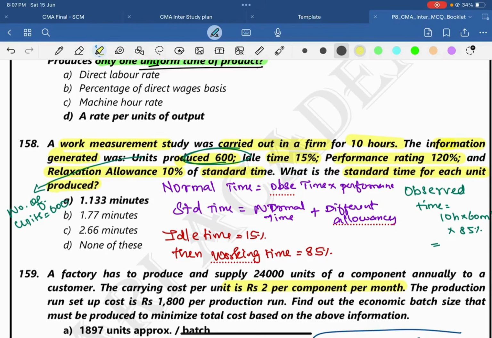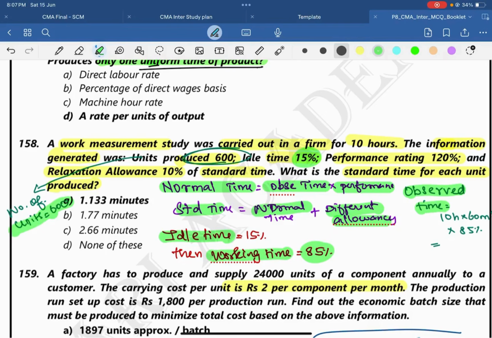So there is a formula for it. Normal time is equal to observed time into performance rating. Then standard time is equal to normal time plus different allowances. Observed time we need to compute. Idle time we get as 15%. Based on that we will find out the working time, that is 85%.